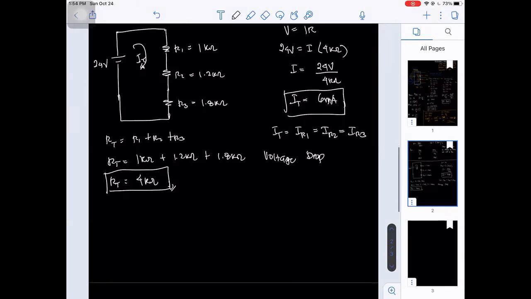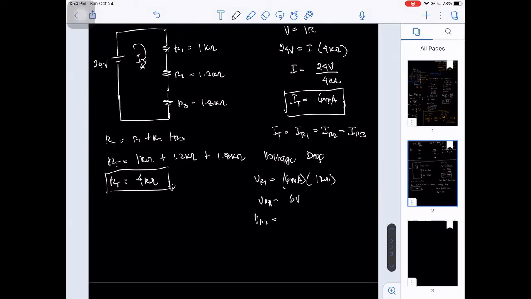Okay, so we have now VR1, which is equivalent to 6 milliampere multiplied by the resistance R1, which is 1 k ohms. So VR1 therefore is equivalent to 6 volts.